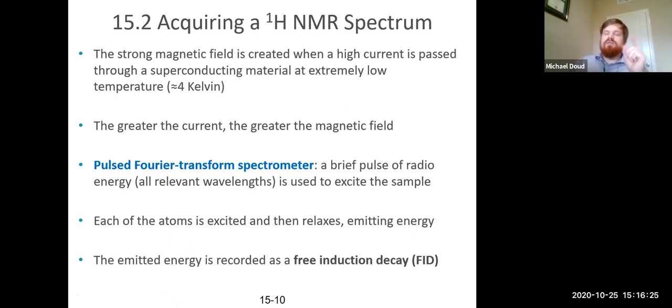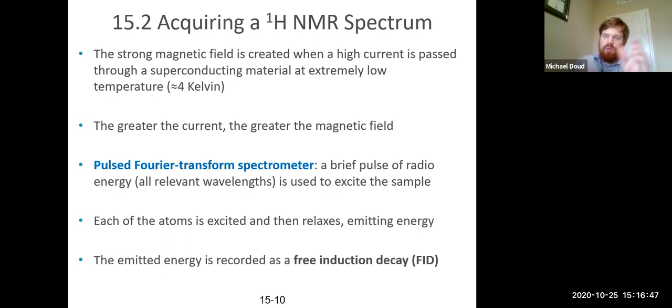Okay, so I'll tell you briefly about the input, how this goes down. There's a difference between the way that this works and the way that your UV-vis spectrometer worked in Gen Chem 2. If you used a UV-vis spectrometer in Gen Chem 2, it probably slowly scanned through all the different wavelengths and then read the peak. You don't have to do that with NMR, and you don't have to do that with IR either.